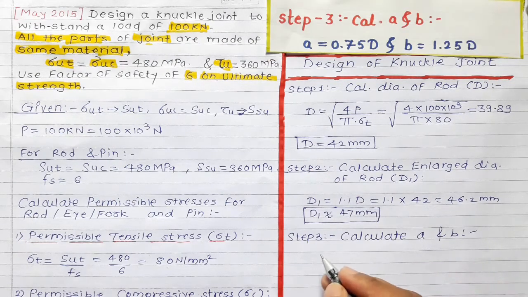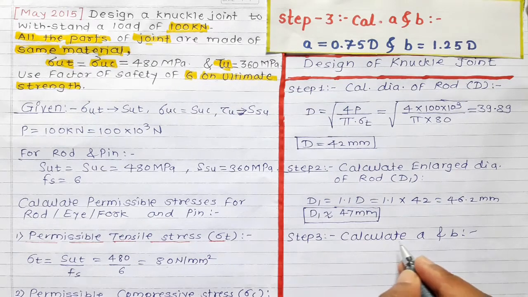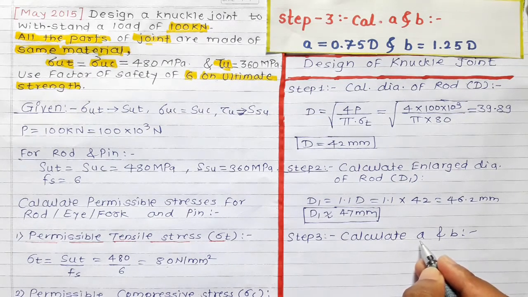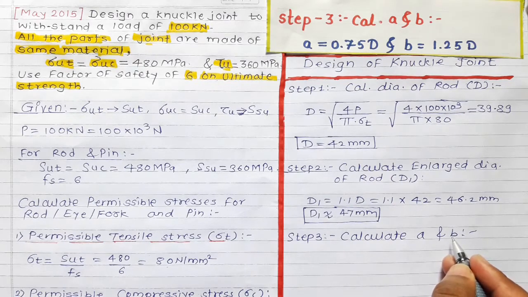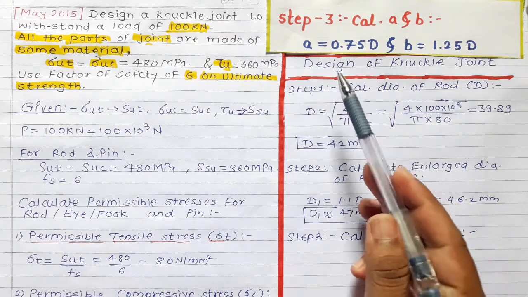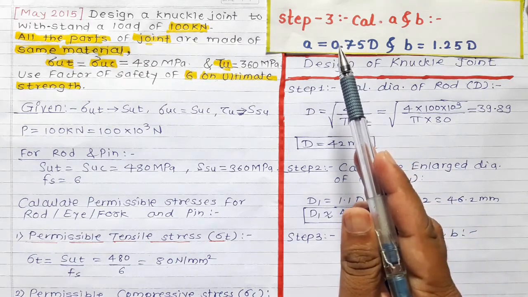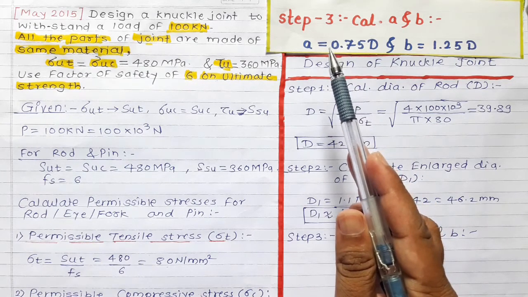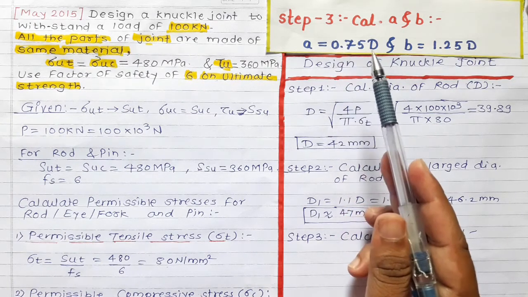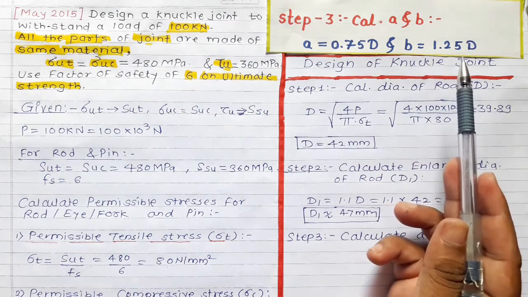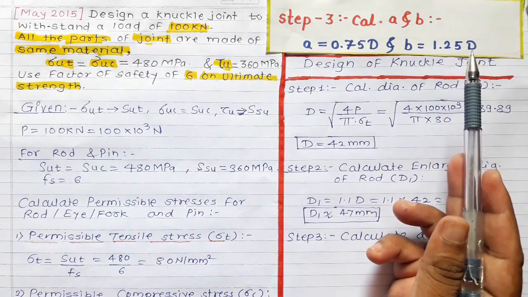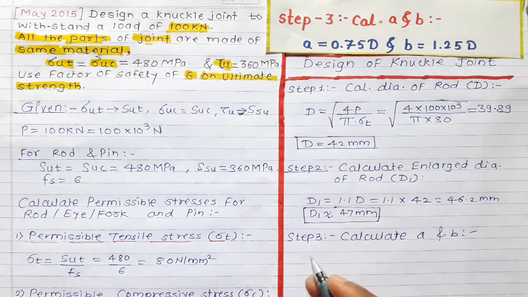Now let us move to step number 3, calculate A and B, where A is the thickness of fork end and B is the thickness of eye end. From this design procedure, we can write the equation for step number 3 as A is equal to 0.75 d and B is equal to 1.25 d, where d is the diameter of rod. So let us write these equations.